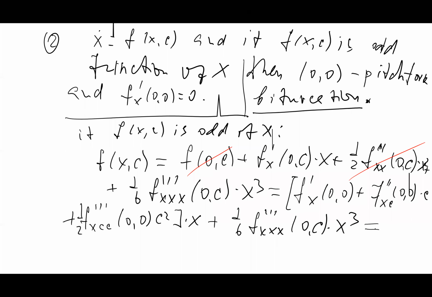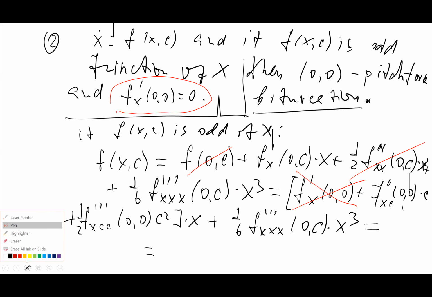Now, according to this condition, we can remove the first term. What we get is the second mixed derivative. What was called in my notes, I think, A3.